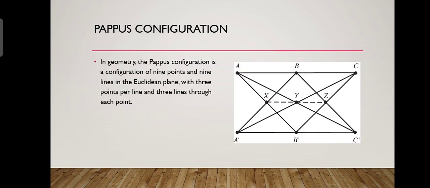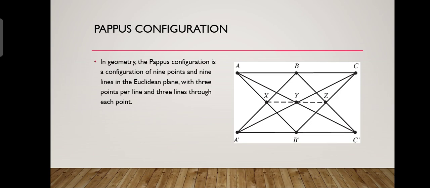And lastly, the Pappus configuration, named after Pappus of Alexandria. In geometry, the Pappus configuration is a configuration of 9 points and 9 lines in the Euclidean plane, with 3 points per line and 3 lines through each point.